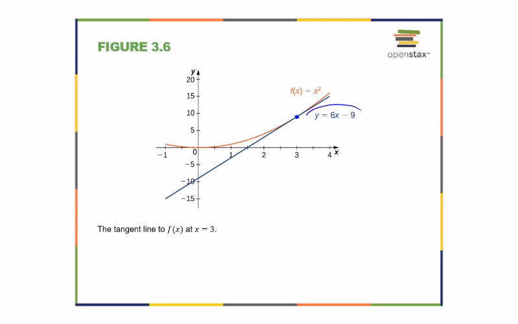Then we found the equation of the tangent line, which is y equals 6x minus 9. So we can see a y-intercept of -9 and a slope of positive 6, so it's going up and to the right at a rate of 6 over 1. That gives you a visual of what we just did.